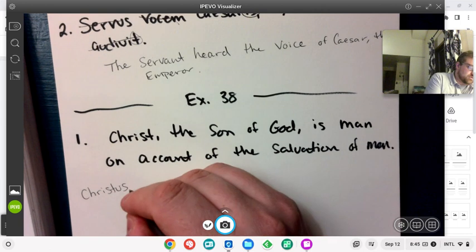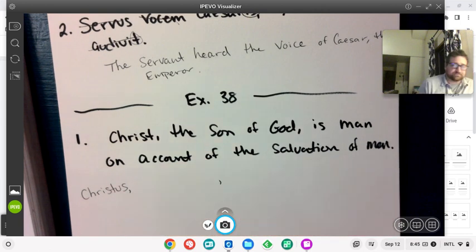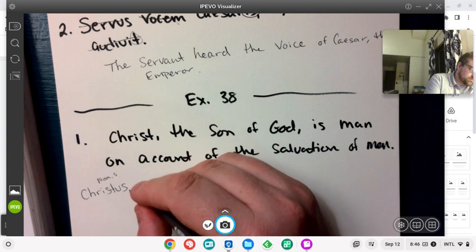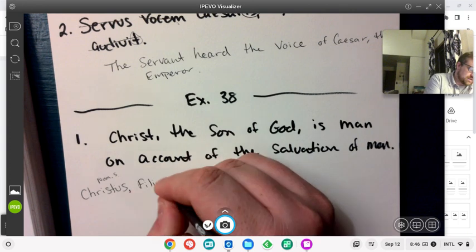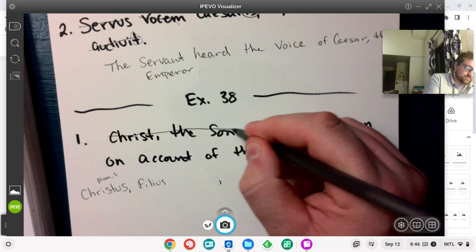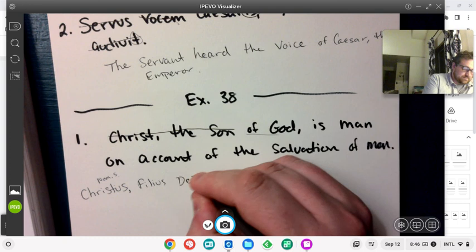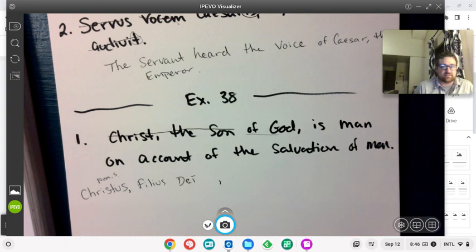So I'm going to go Christ, comma, and let's put the Son of God in there. So if Christ is in the nominative and singular, we want Son to be in the nominative singular because it's in apposition to Christus. So that's easy. That's Filius. And then we have of God, which would be Dei, because Dei means of God.